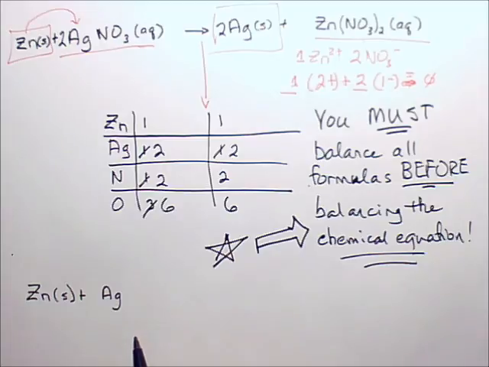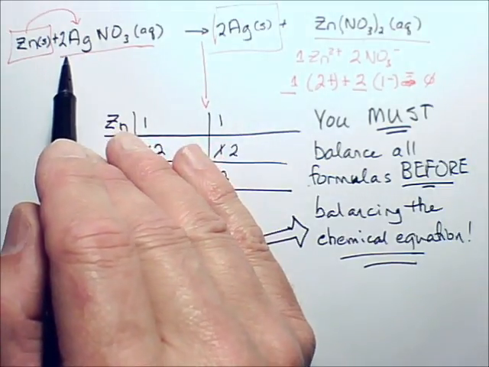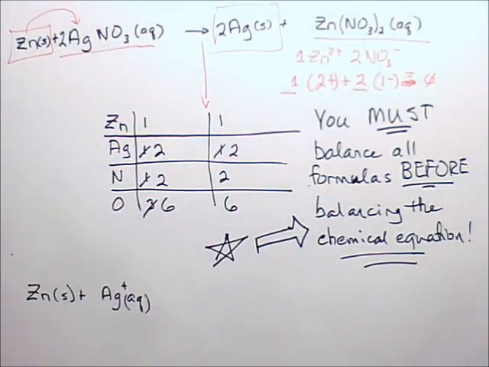What charge do I put on it? 1 plus, and it is aqueous, so we're going to call the ion aqueous as well. How many silvers do I have up here? 2 of them, because this 2 outside means I have 2 of everything in there. So there's 2 silvers.